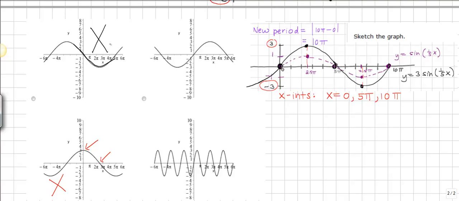This one has a 5 pi intercept, a 0, 0, a negative 5 pi. It goes from increasing to decreasing just like we want, so that looks very promising. Notice that it goes up to 3 and down to negative 3. Well, this one also goes up to 3 and down to negative 3, but it has many more x-intercepts than our graph is supposed to have. So this is not the right choice, and that one must be it.